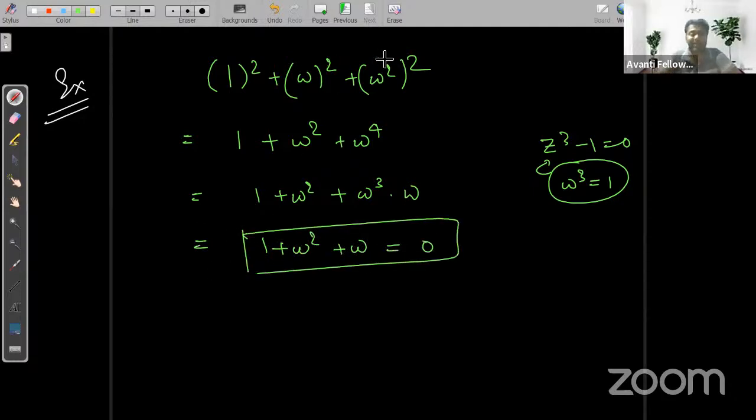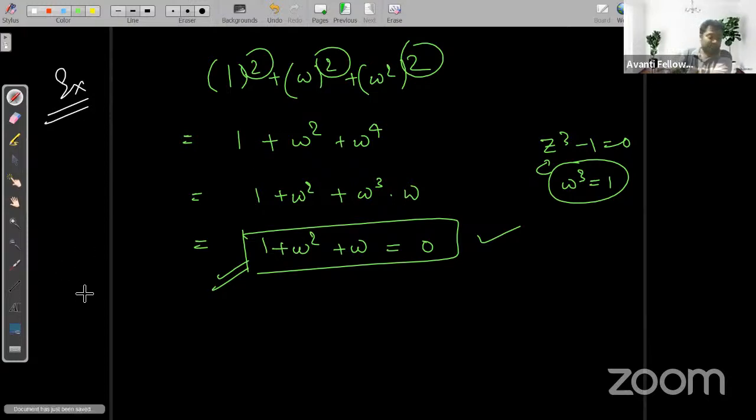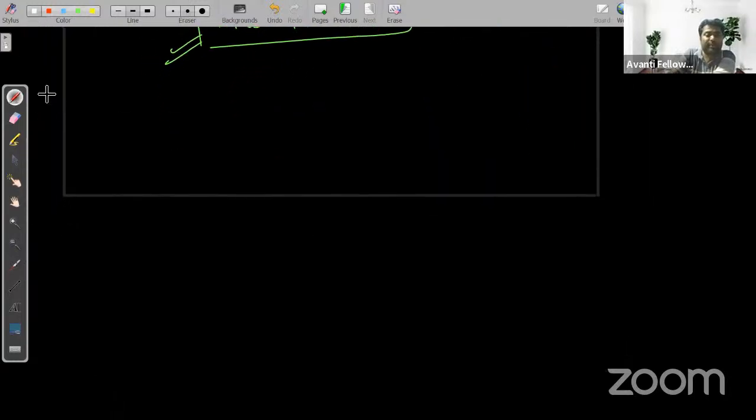Already we know 1 plus omega plus omega square is equal to 0. So when r is not a multiple of 3, the sum of 1 to the power r plus omega to the power r plus omega square to the power r gives you 0. Now, if it is a multiple of 3, verify that it gives you 3. Let's verify that also.